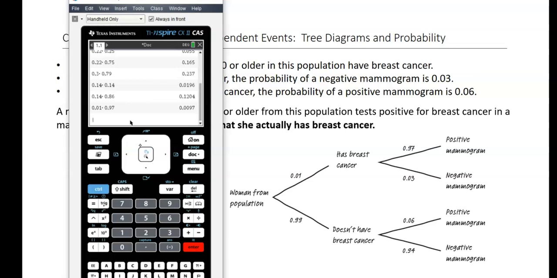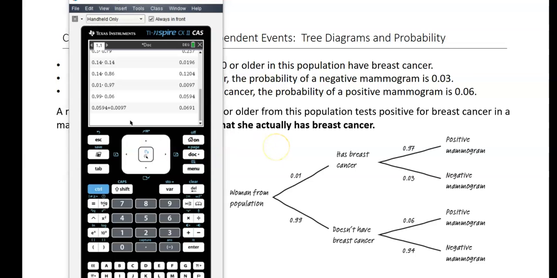Then test positive when she doesn't have breast cancer would be 0.99 times 0.06. So if we add those two numbers up, that's the folks that have tested positive, whether or not they have breast cancer. That percentage, 6.91%, have tested positive.